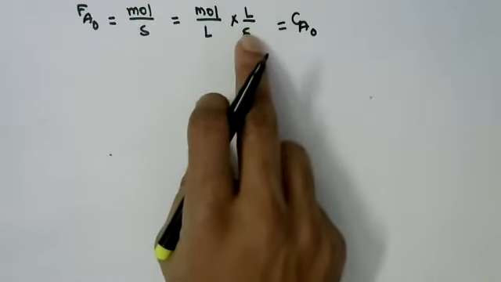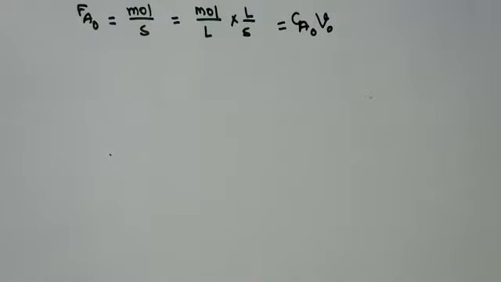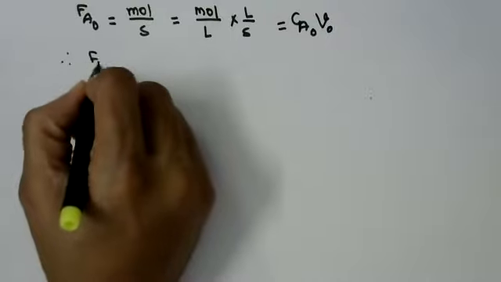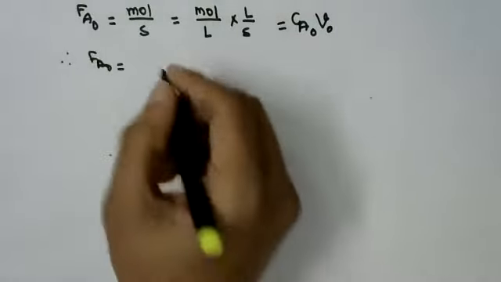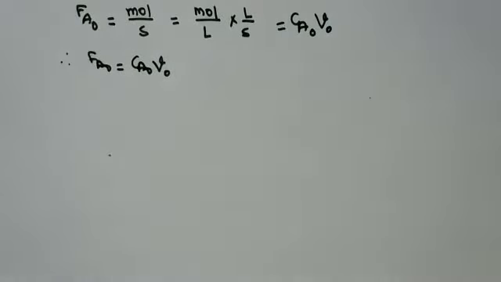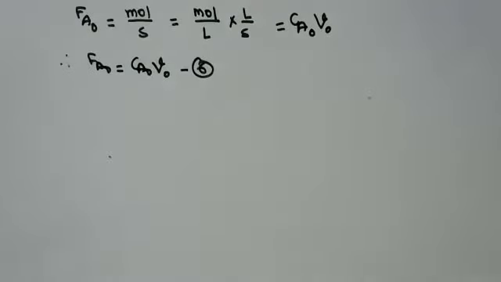And this is volume per unit time. So I will write V0 in place of liter per second. And therefore, this FA0 is equal to CA0 into V0. This is equation 6, which can be substituted in equation 5.